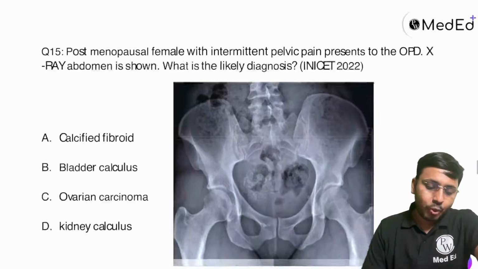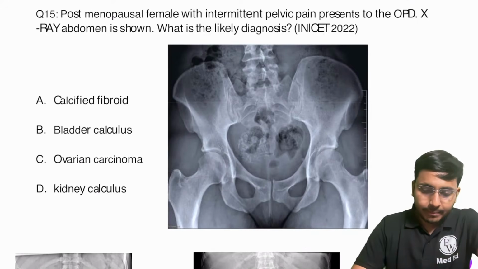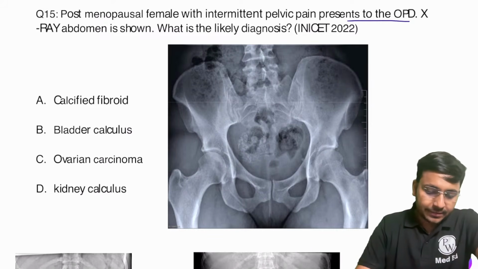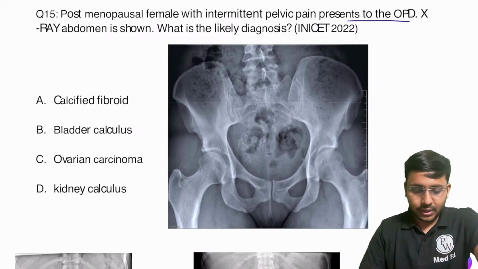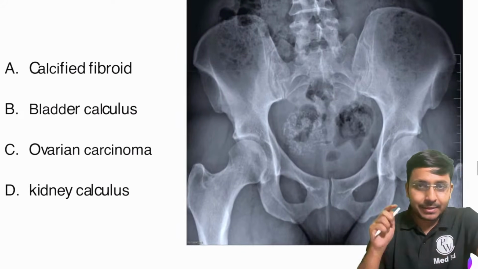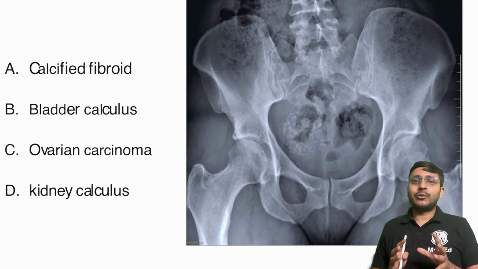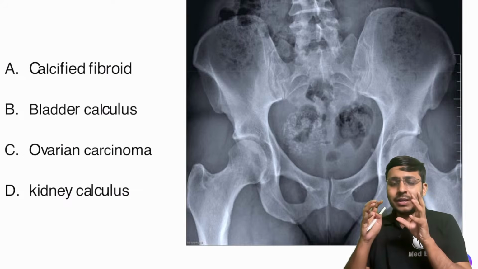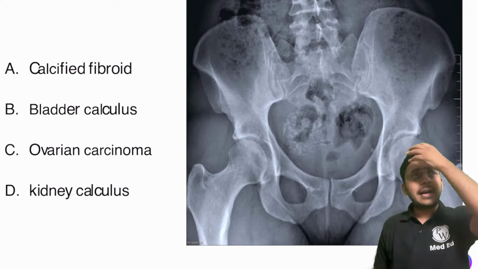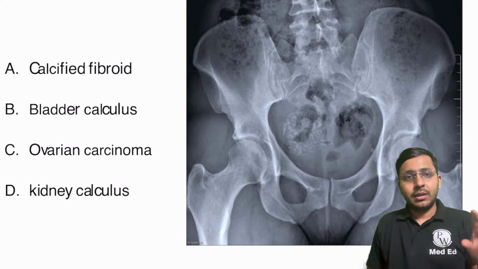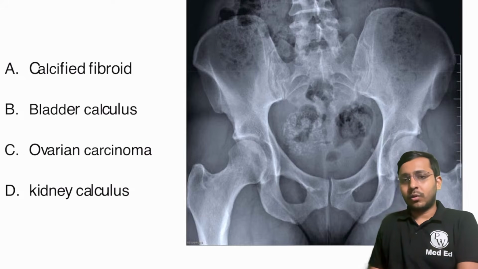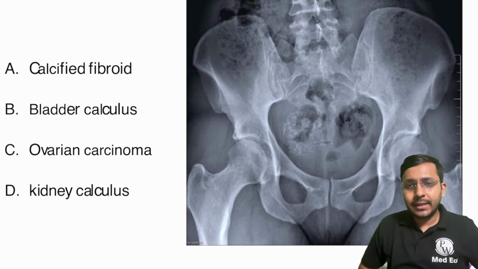Next, postmenopausal female with intermittent pelvic pain presents to the OPD. X-ray is shown below. What is the diagnosis? Now this is a very very important X-ray और पहले पूछा गया है ये. Postmenopausal female है and female में whenever you are seeing any calcifications in the pelvis, don't dump into a bladder calculus, क्योंकि bladder calculus ही most commonly देखते हैं हम pelvis में.